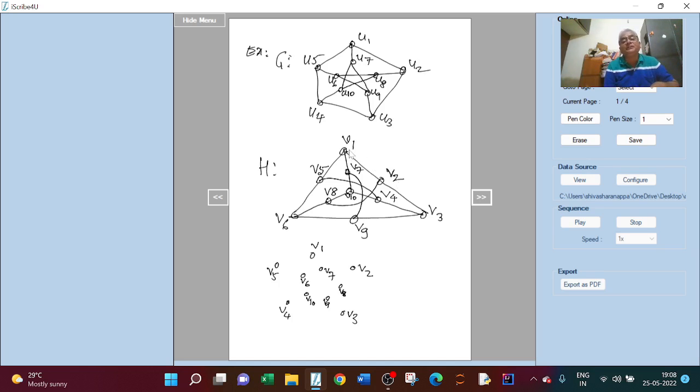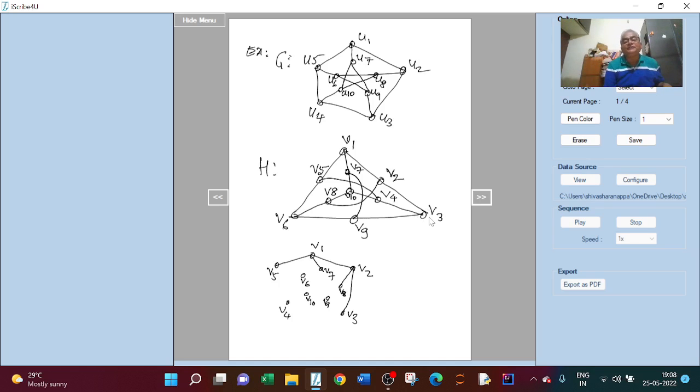See, V1 is adjacent with V2, V7, V5. V2 is adjacent with V1, already taken, and V2 is adjacent with V3 and V8. This is V3 and this is V8.